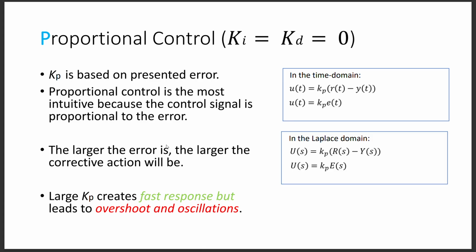Now, large values of Kp create fast response, but the drawback is that it's going to lead to overshoot and oscillations. Think about it. What's overshoot? Overshoot means that I want to get to a value, but I actually passed that value, so I have to come back.